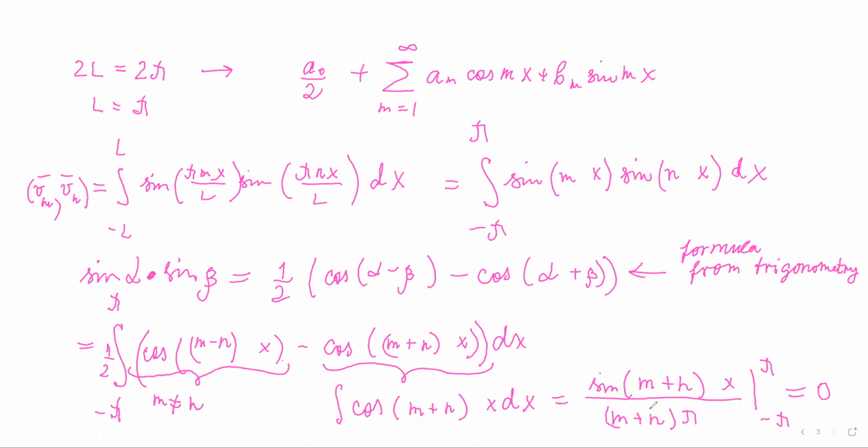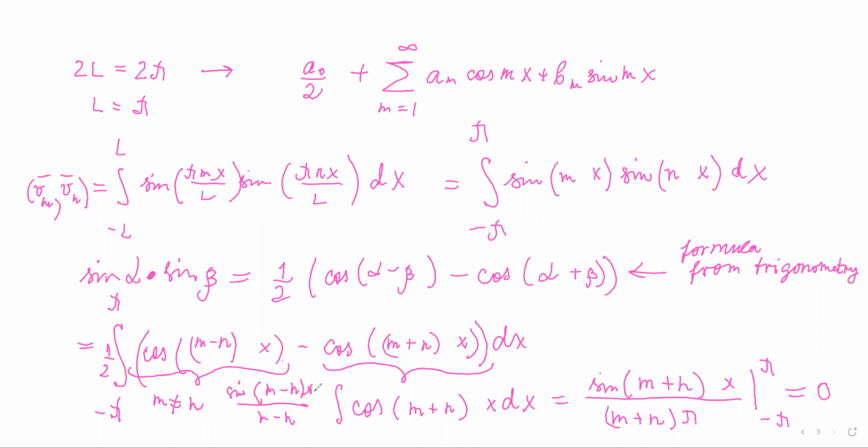It's not allowing me to scroll up, but I want to write down the answer right over here. So the answer is going to be sine of m minus n x over m minus n, if m is not equal to n. Everything is clear here.